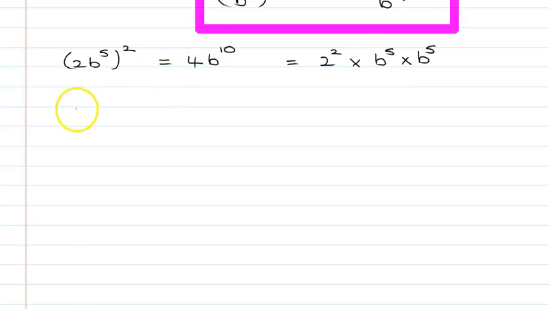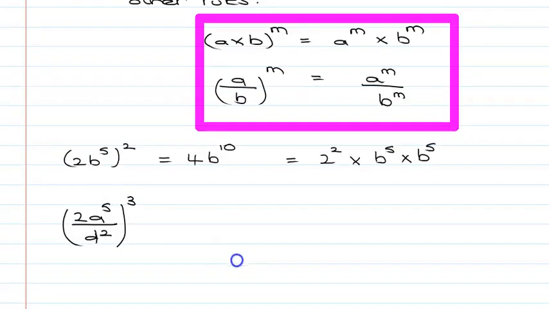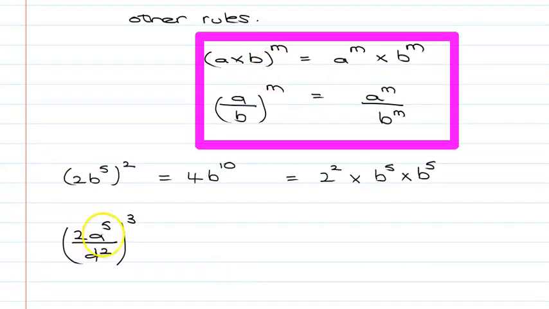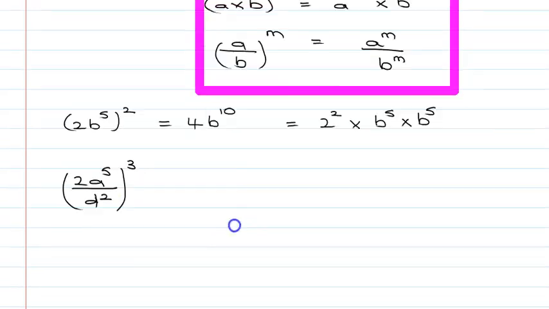Let's just do a division one, 2a to the power 5 divided by d squared, and let's raise the whole thing to the power 3. Okay, so I'm now applying these rules up here because I've got more than one thing. So all of the top, this says that all of the top is raised to the power 3 and all of the bottom is raised to the power 3, but obviously they've got other powers as well.